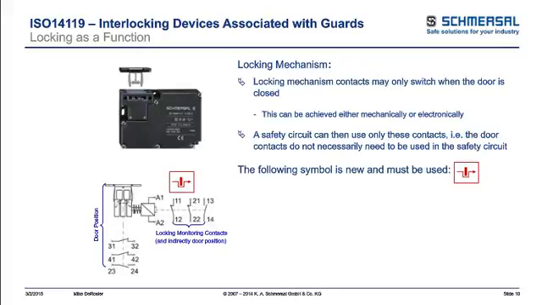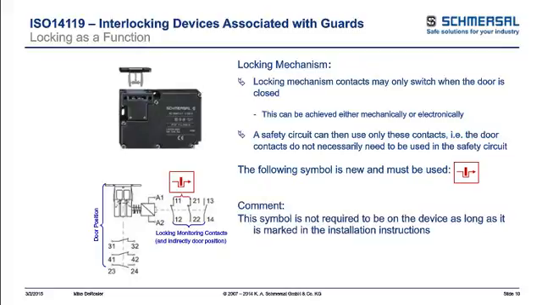But something that is new now is when you have a safety device that is used for locking for safety protection of personnel, there's a new IEC symbol that you see in red on the screen right now that indicates that that device has been approved or designed to that particular standard to be used as a safety function.